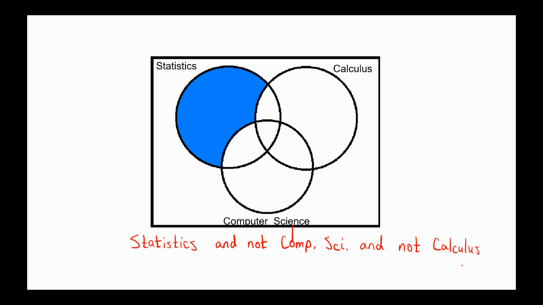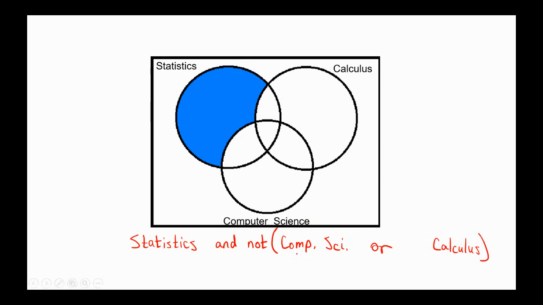This is one way you could write this. There's actually a shorter way. So you could say it this way, or you could say statistics and not, taking both and nots out, computer science or calculus.